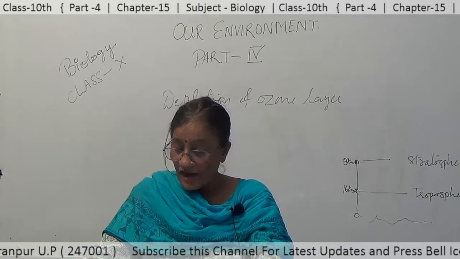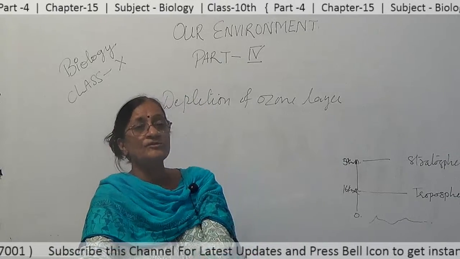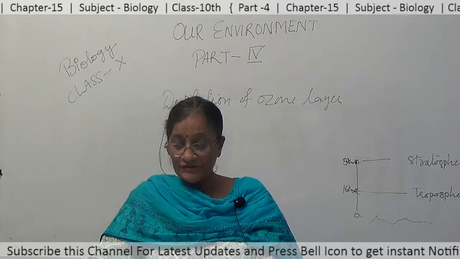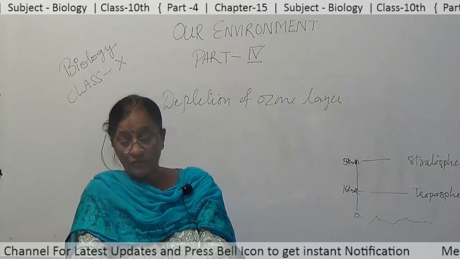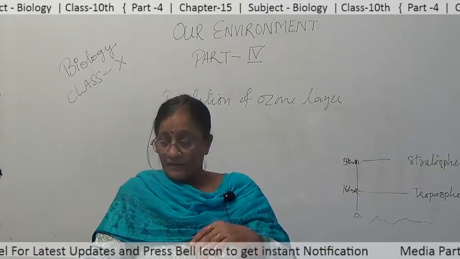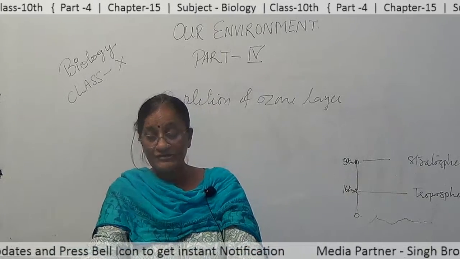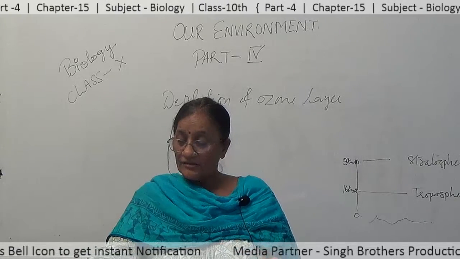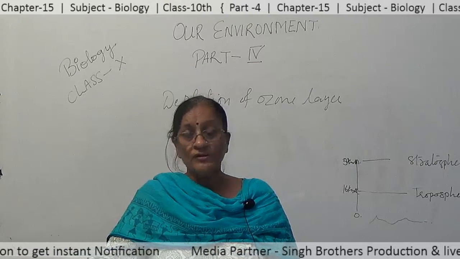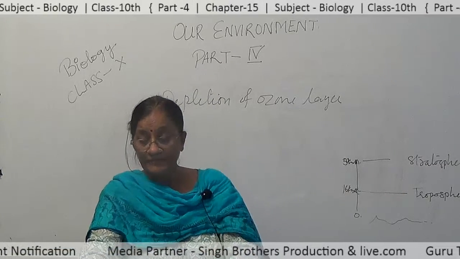Ozone at the higher level of the atmosphere is a product of ultraviolet radiation acting on oxygen molecules. The higher energy ultraviolet radiation splits apart some molecular oxygen into free oxygen atoms.